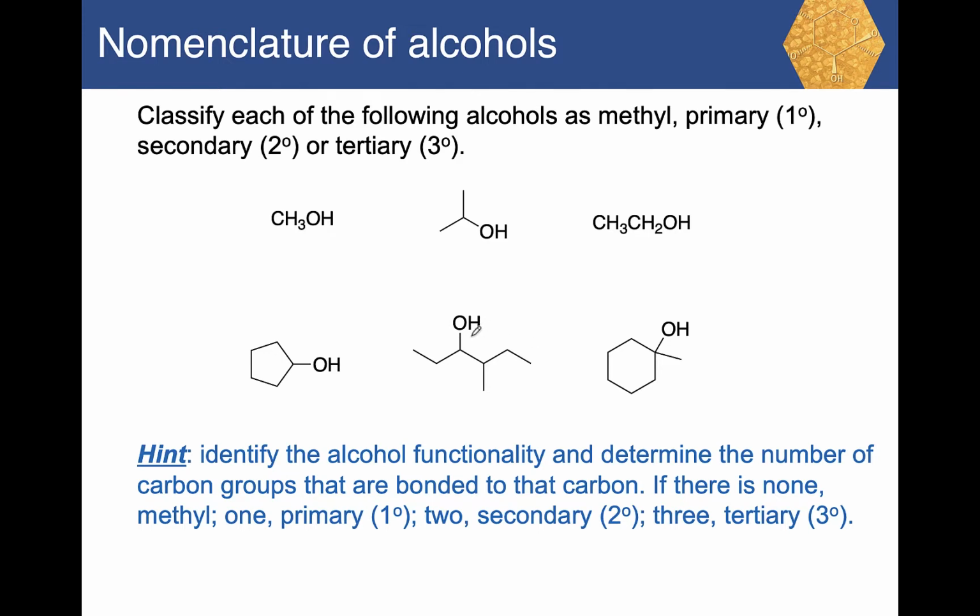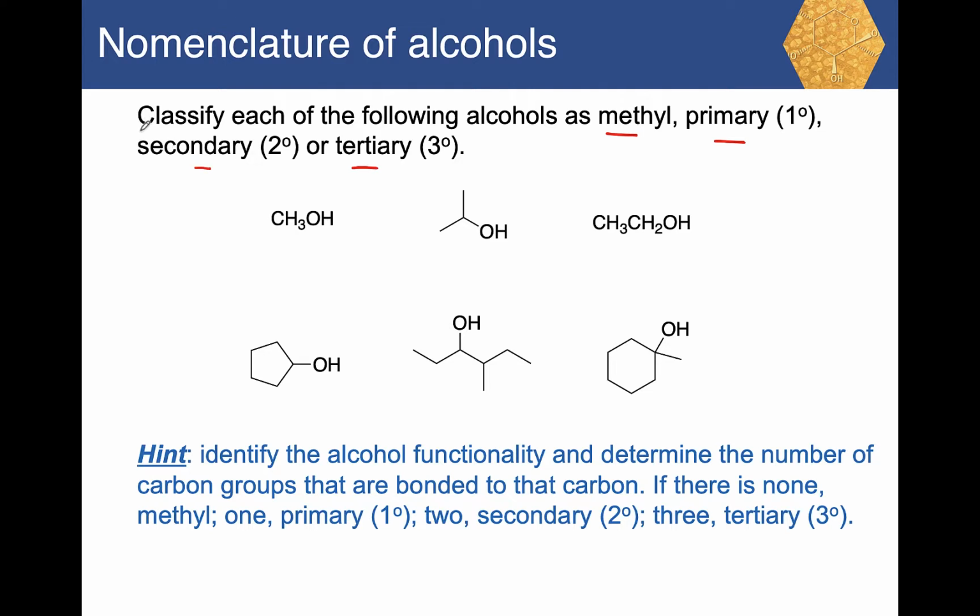Here's a test of our understanding of the classification of alcohols. So the question now is to classify each of these as methyl, primary, secondary, or tertiary alcohols. So again, before you answer that question, you'll have to make sure you understand what's being asked.